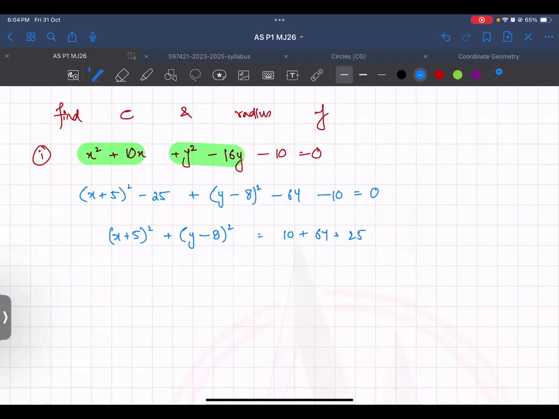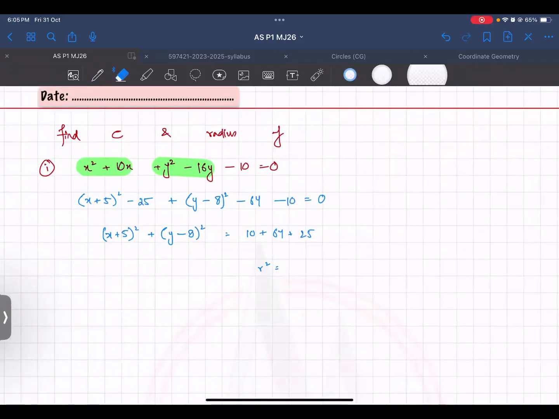So this is your r square, which comes out as 35 plus 99. This is your 99. So the radius is square root of 99, and your center will be minus 5 and 8.